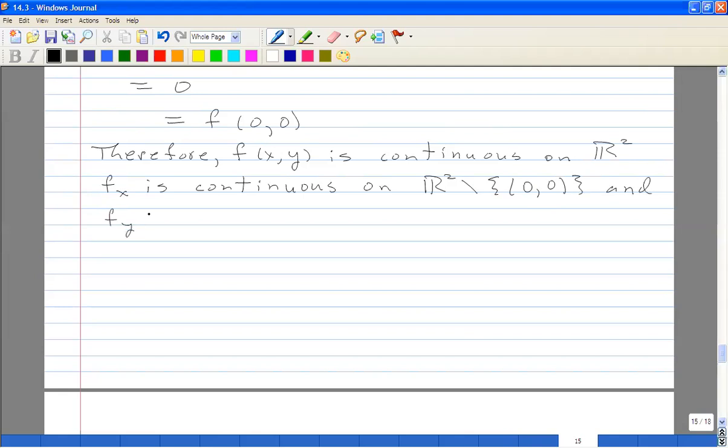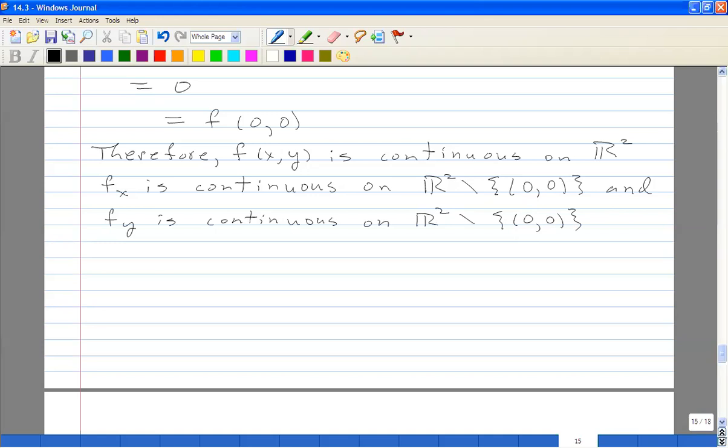And this is continuous everywhere except possibly at the origin. So I really only have to check if the partials are continuous at the origin.